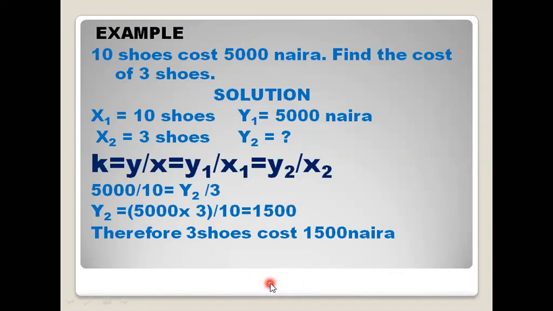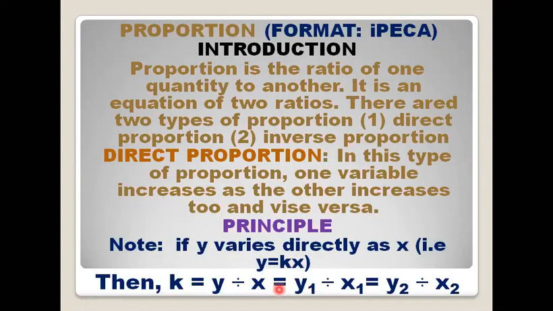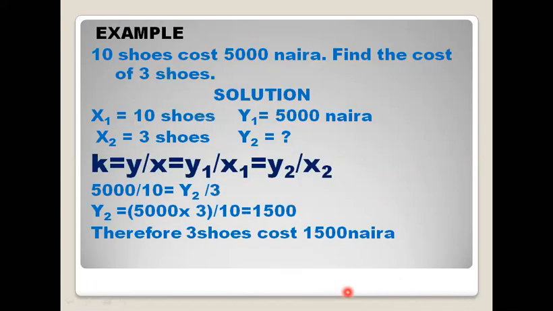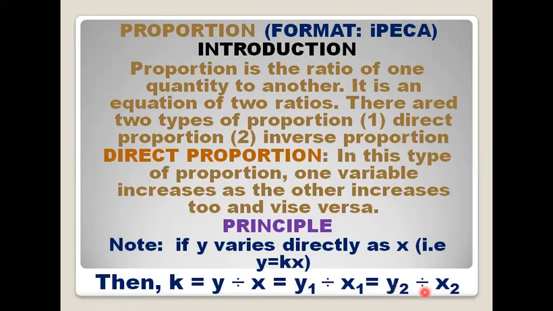So if y varies as x, and we have two different numbers, y1 and y2, as y1 varies directly as x1 and y2 varies directly as x2, this formula is telling us that y divided by x is equal to y1 divided by x1, and the same equation is still equal to y2 divided by x2.